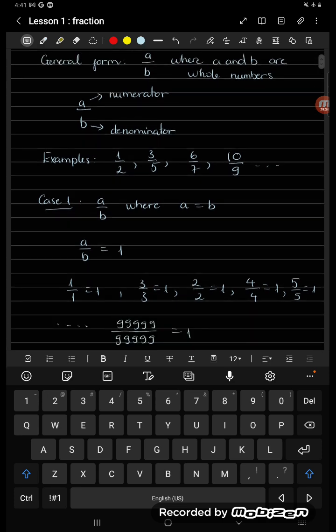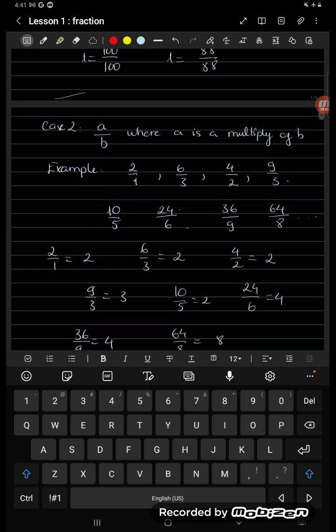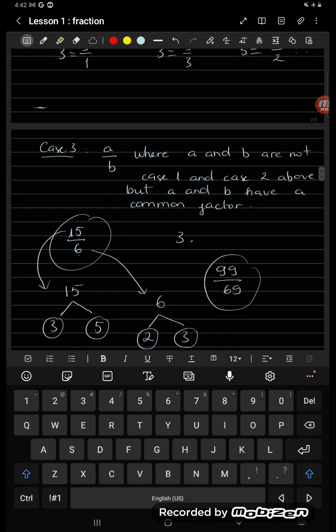Okay, so case 1, a equal to b, it means a can divide by b, right? 2 divided by 2, 3 divided by 3. They are all equal to 1, right? Where a equal to b. Okay, case 2, a can divide by b. Yes, because a is a multiple of b. So of course a must be able to divide by b, right?